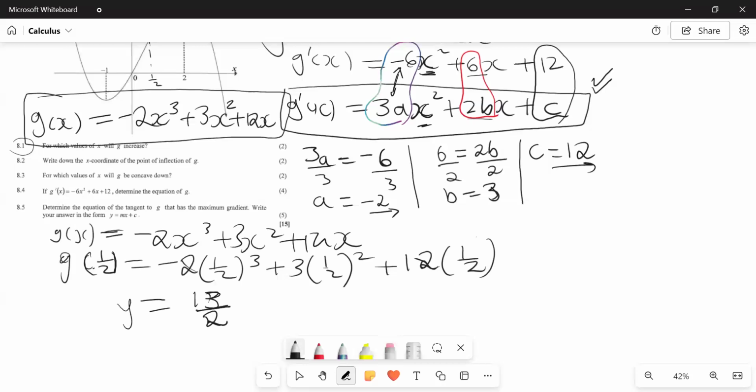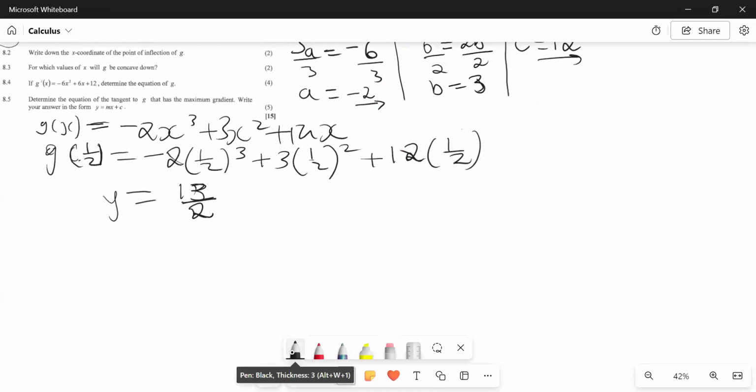And now we need to get our gradient. How do we get our gradient? Definitely we need to derive first, and after deriving we substitute the x value. So let's take our derivative: g prime of x is equal to -6x squared plus 6x plus 12. It's given to us.